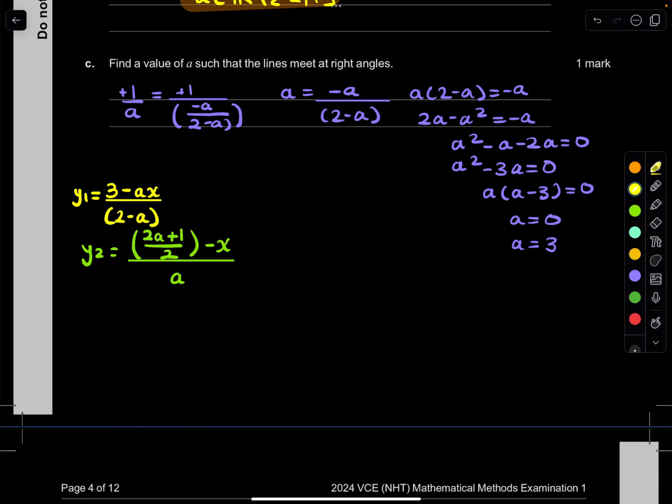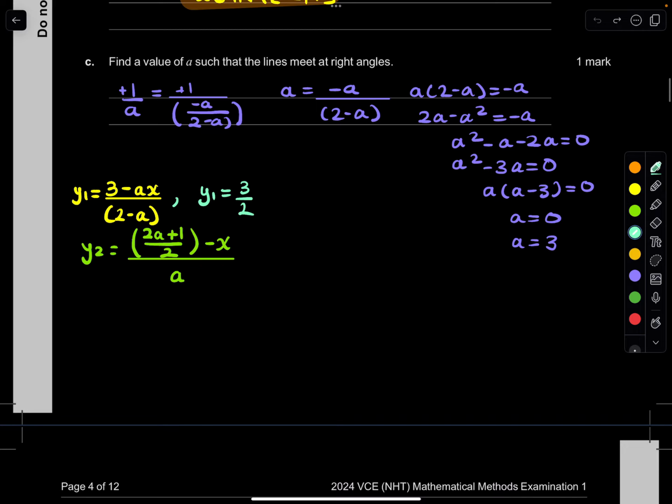I'm going to check A equals 0. If I sub in A equals 0 into y1, it'll just become y1 equals 3 over 2. That's a horizontal straight line at 3 on 2. What about y2? If I sub in 0, it does not work. Why?